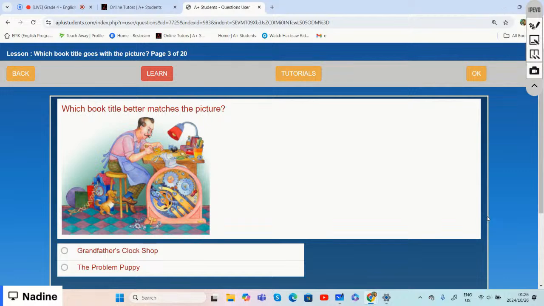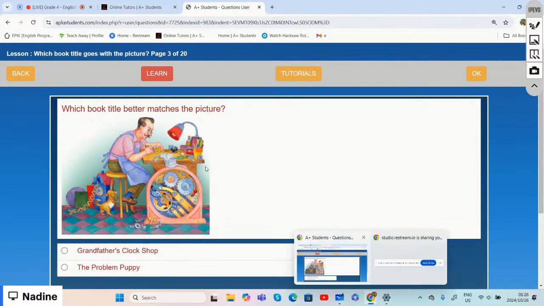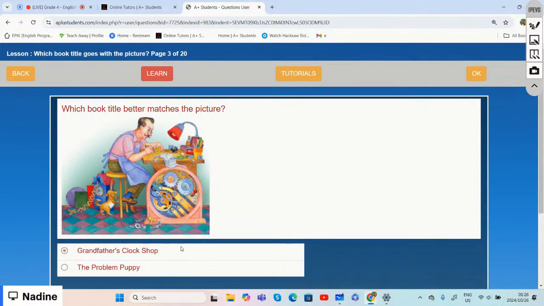And if we were to choose the correct option, that Grandfather's Clock Shop, option one is correct. Because even if you look at everything, even the desk, or I think, okay, that's not the desk, but the clock that Grandpa is busy with, we can either say he's building one or he's fixing one. So he probably has his own little business.